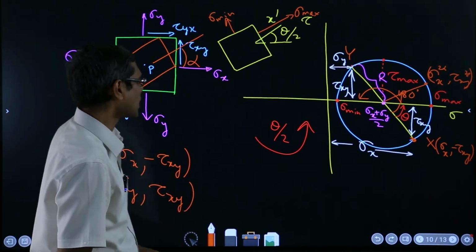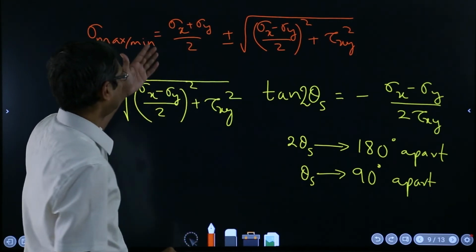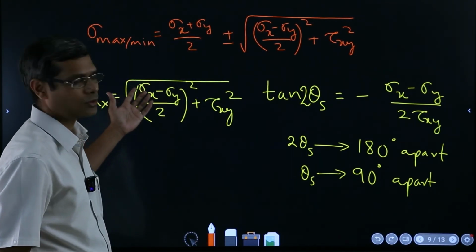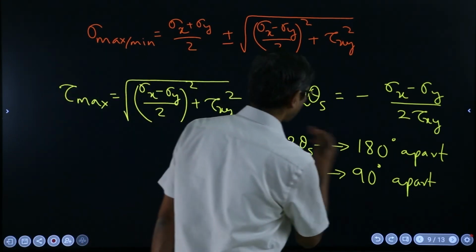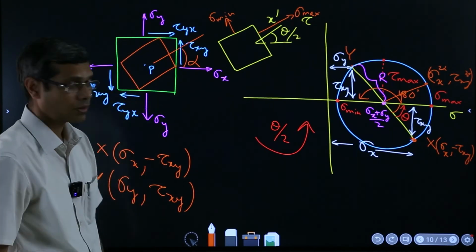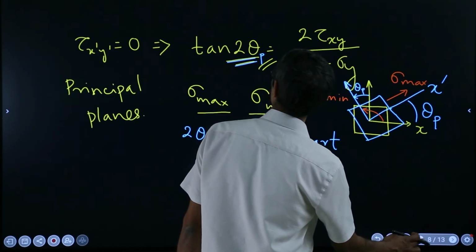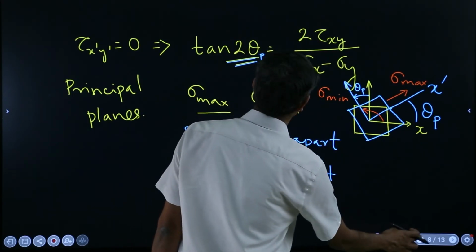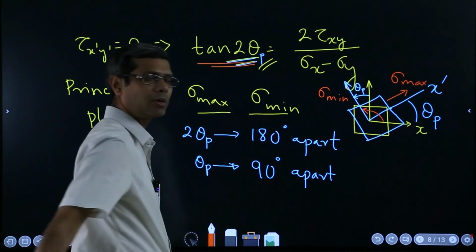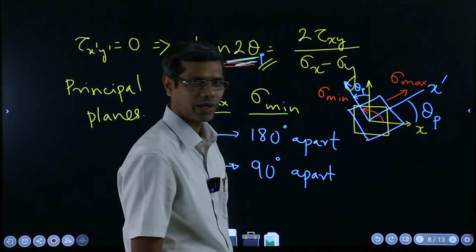In fact, these equations are difficult to remember, but you can directly write these equations from this picture. For example, suppose I come to this equation: principal plane at what angle? 2 tau xy over sigma x minus sigma y.